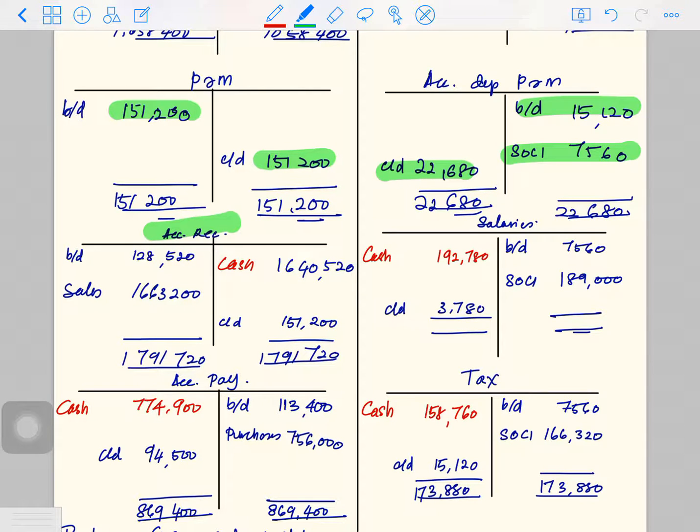Sorry, inventory ni kita nak cari purchases. Purchases ni untuk creditors. Creditors maknanya payables lah. Purchases tu cash purchases. Maknanya kita kena tengok accounts payable lah.